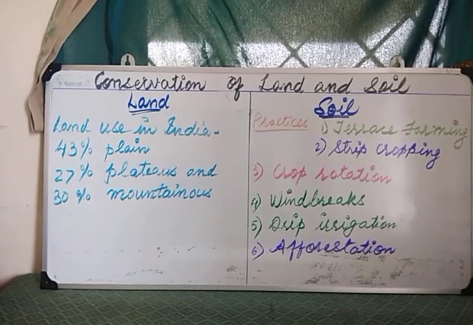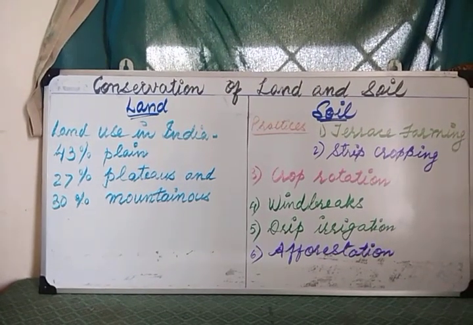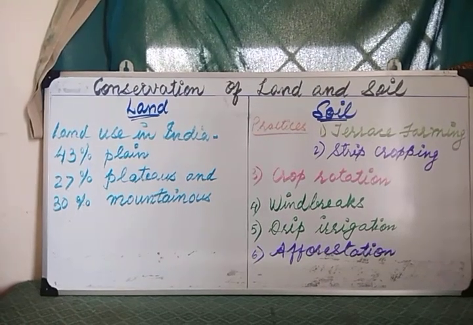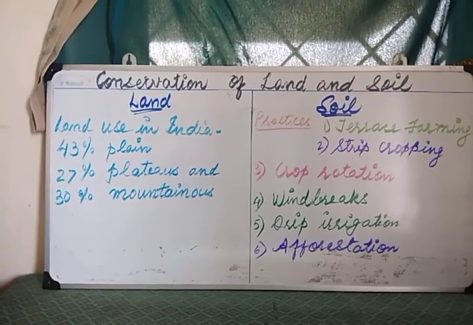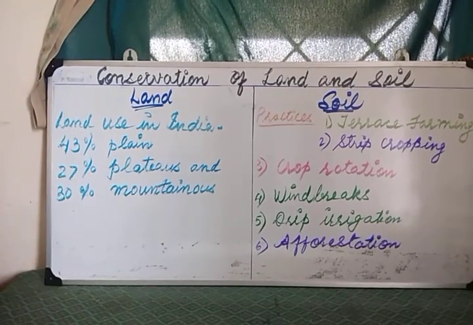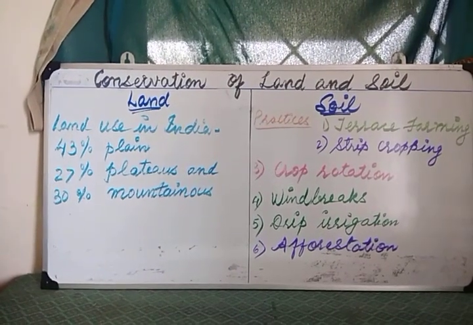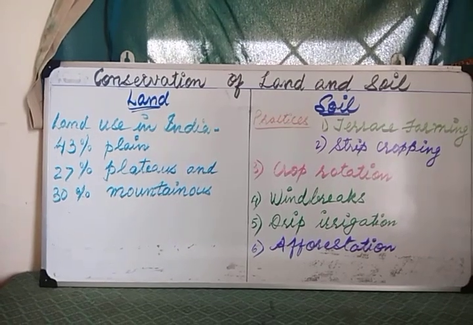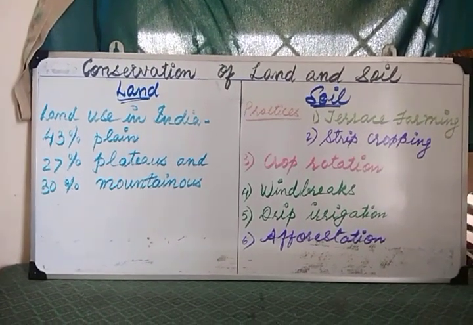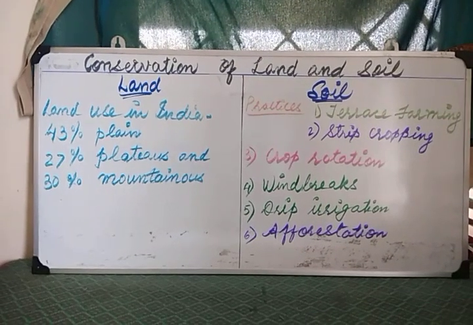Improper land use, such as farming of marginal land and mining activities leading to soil erosion, must be avoided. To conserve our land resources, it is necessary to plan proper use of the available land.